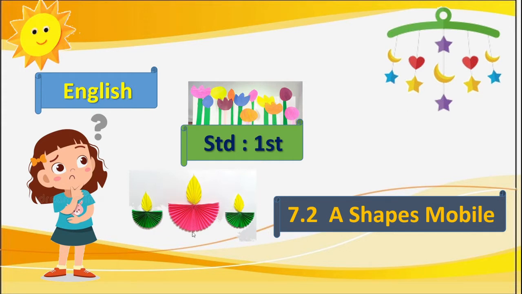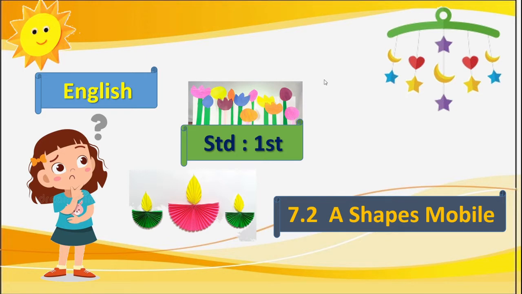Here we can see the paper lamps, one hanging, right? Here flowers, sun. She is observing all this and she is thinking, who made all this? How to make all this?